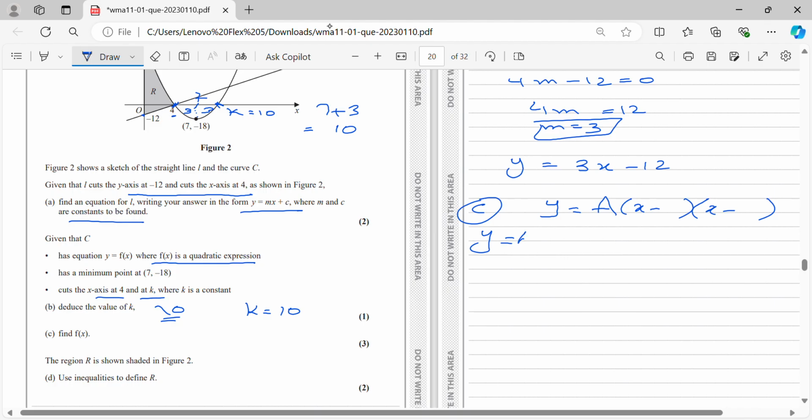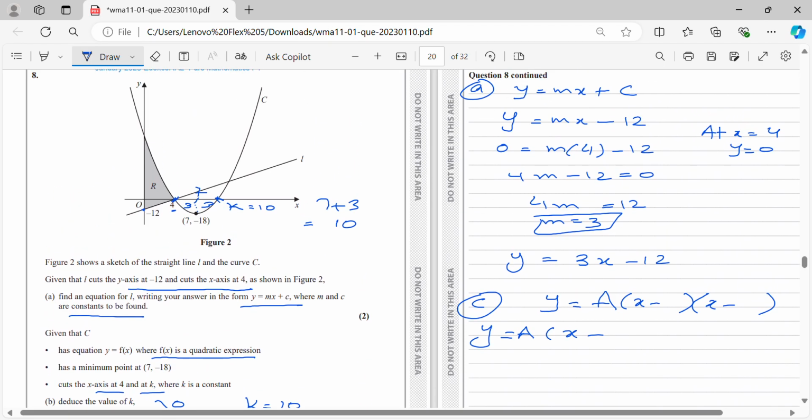So y equals a, and the graph intersects the x-axis at 4 and at 10, so x minus 4 and x minus 10. Right? I can find a here.